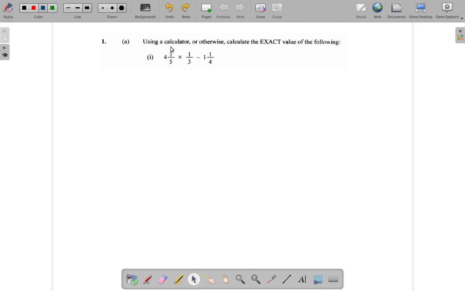Let's look at this. Using a calculator or otherwise, calculate the exact value of the following. Now remember, in the exam you work with the time and you keep moving, but for the purposes of what I will be doing here, I will be taking more time than that, just for the sake of explanation as I go through these past papers.